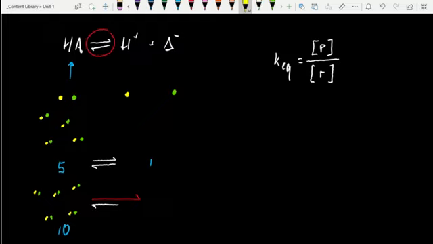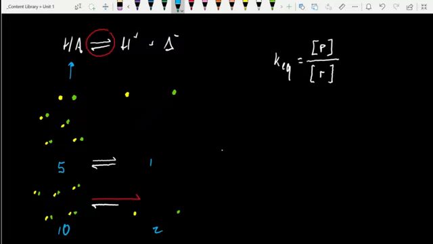We know, because we're trying to maintain that same ratio, that we're going to end up with another single yellow and another single green. So now, where we have 5 plus 5 gives us 10, now we have over on the right side 1 plus 1 to give us 2.